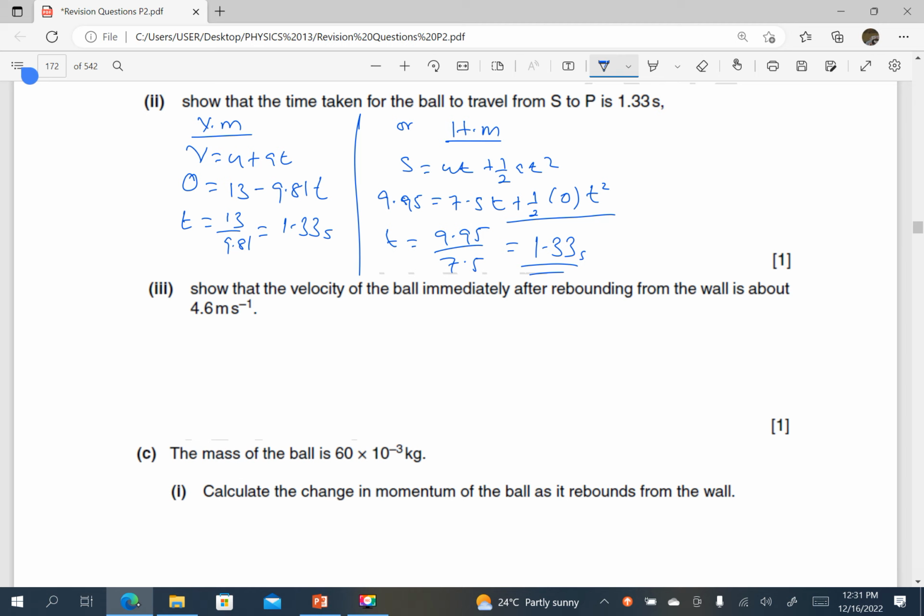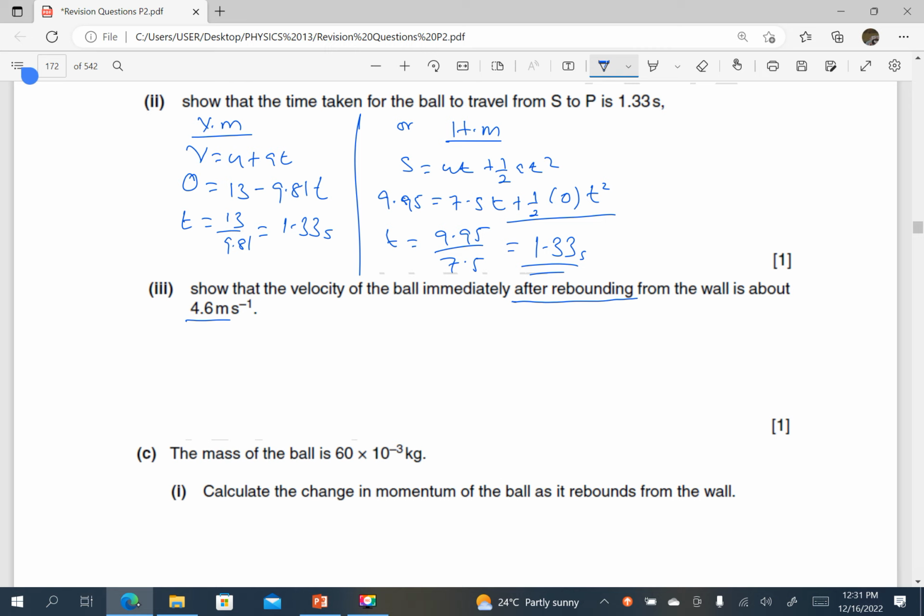Show that the velocity of the ball immediately after rebounding from the wall is about 4.6 meters per second.